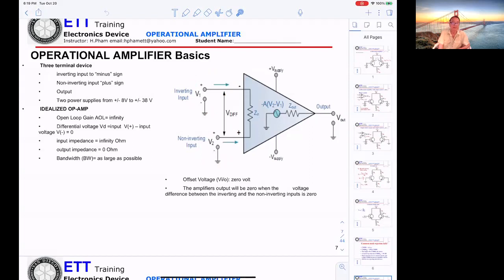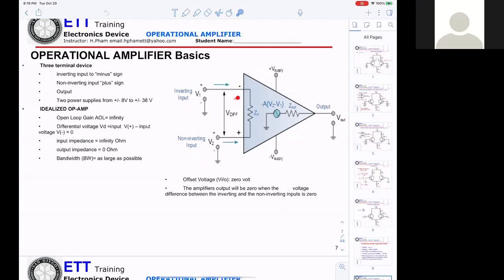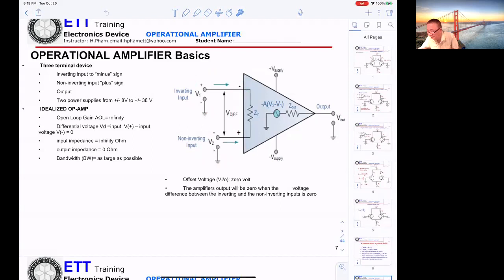We don't care about the two outputs. So one input goes into the negative of the op-amp, and that is named the inverting input. One input goes to the positive. They call that the non-inverting input.